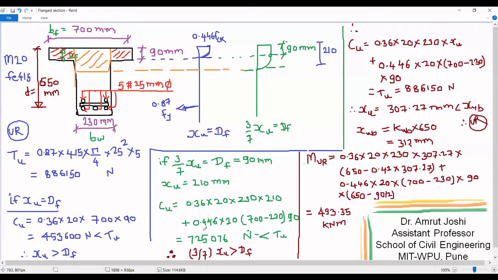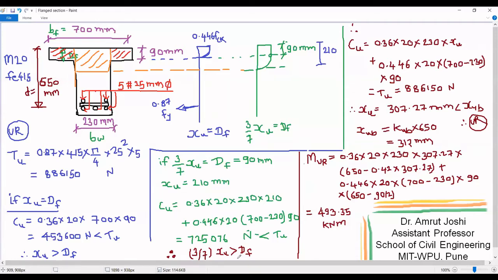Here, if this Cu would have been greater than Tu, then the conclusion would be 3 by 7 Xu is less than Df, but Xu is greater than Df. In that case, we would have calculated Yf as shown in the previous video. Yf is equal to 0.15 times Xu plus 0.65 times Df.